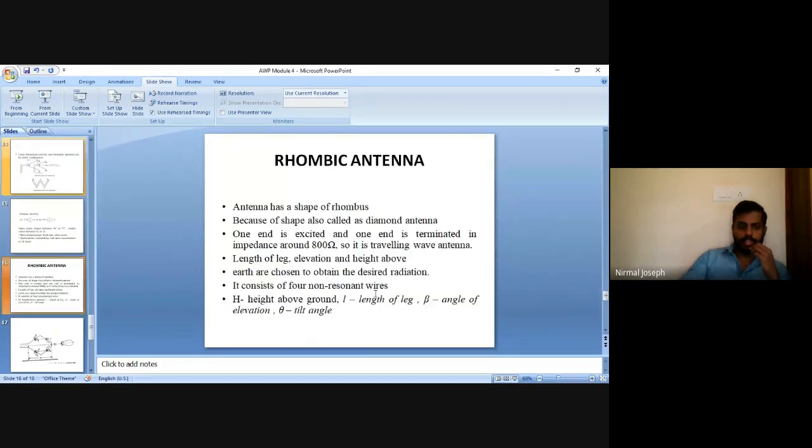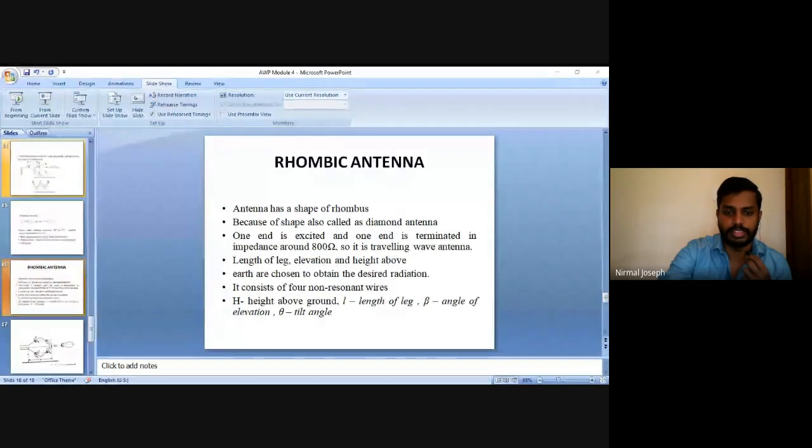So the next topic is the rhombic antenna, which we will cover in the next class. I think we have almost done the review up to this V antenna. Next class onwards, we will review the remaining portions.